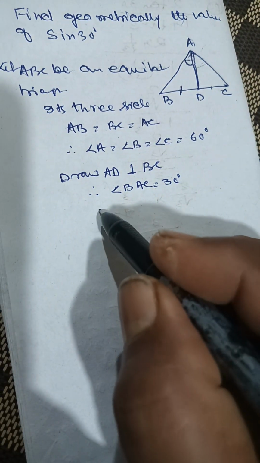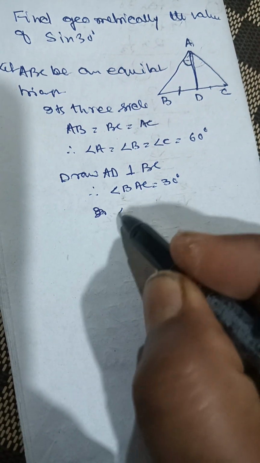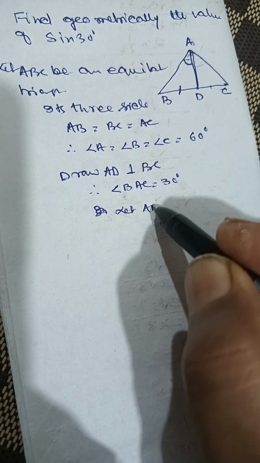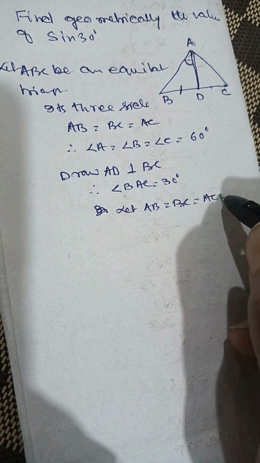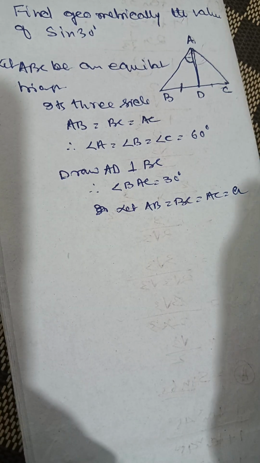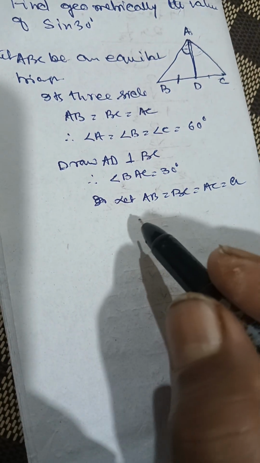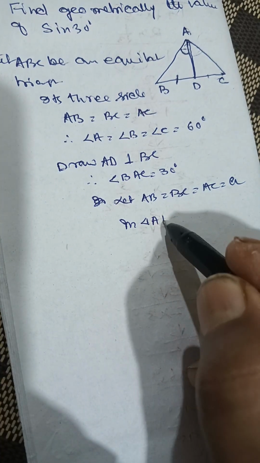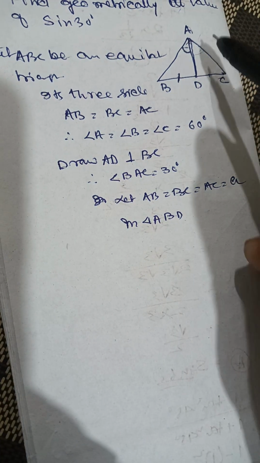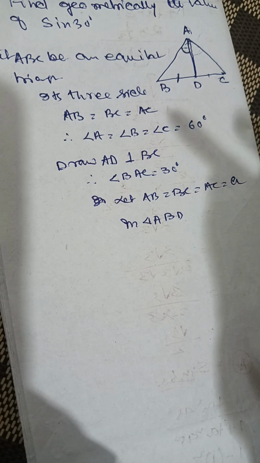You write, let AB equal to BC equal to AC equal to A. Suppose A. All are equal, so we can write like this. Now in triangle ABD, you have seen here ABD is the triangle.